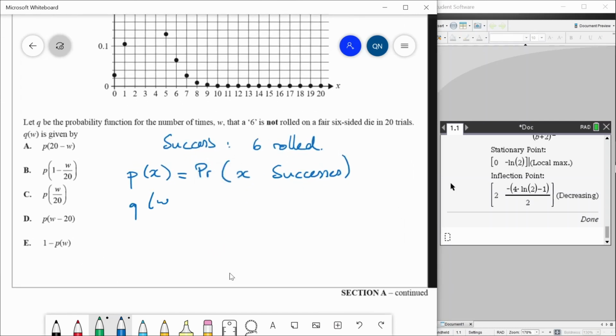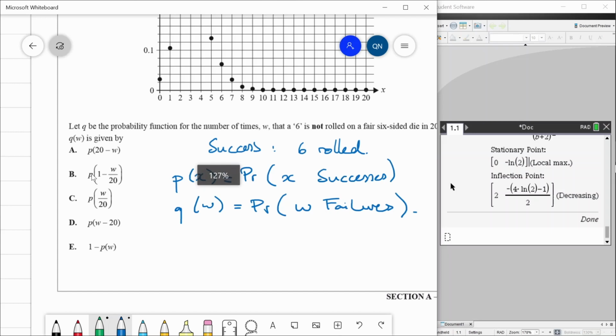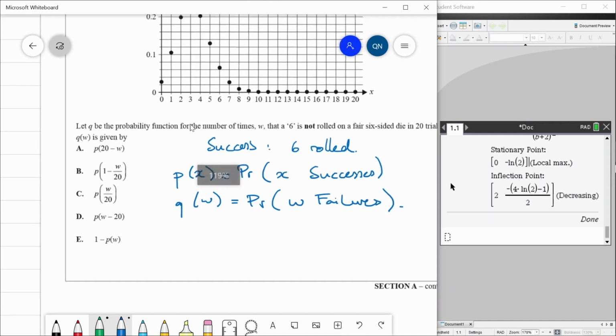Q of W is the probability that we get W non-6's, or in other words, we can say W failures. Right. Now, notice we want to rewrite Q in terms of P. Right, so Q is a function with failures. We want to represent that somehow in terms of successes.